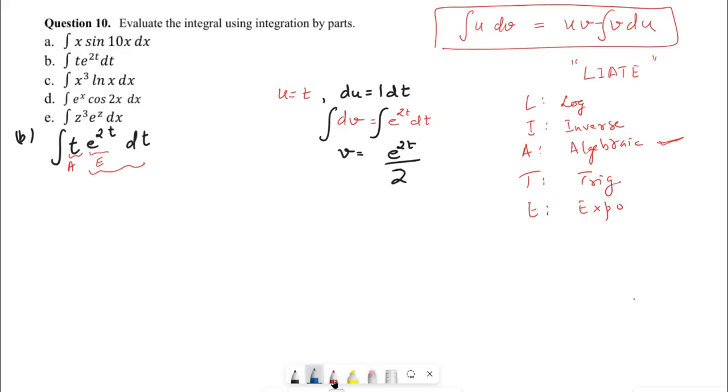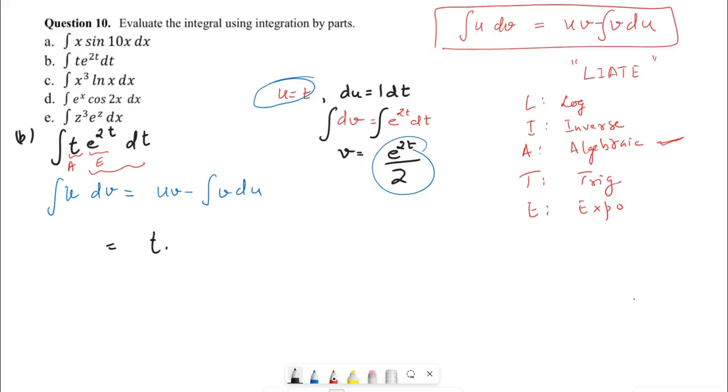Okay, so if this is the integral of u dv, that would be uv minus integral v du. What is u? Times v. So we have t times e^(2t) by 2 minus integral v, e^(2t) by 2.